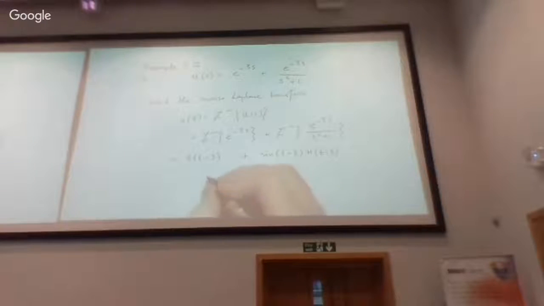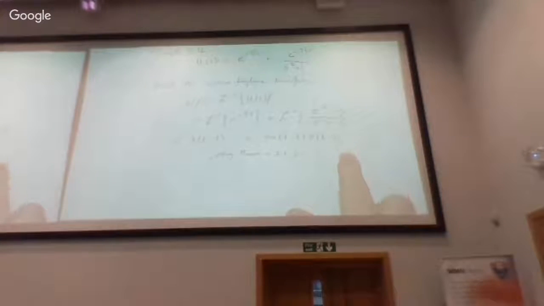What I'm using there is theorem 2.6 for the Dirac delta function and 2.5 to handle this term. So just a couple of quick examples, going forwards and backwards, taking the transform and inverse transform of a couple of examples featuring the Heaviside step function.